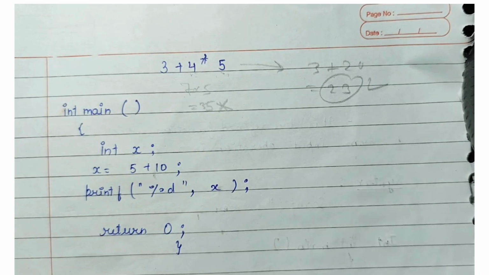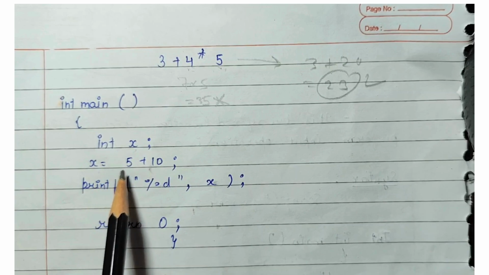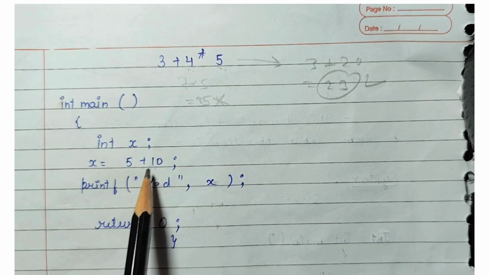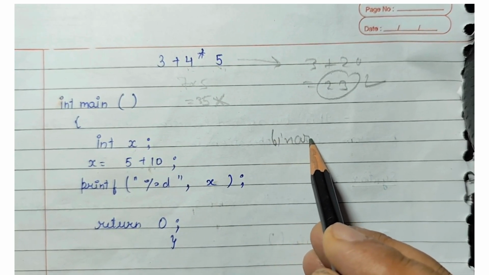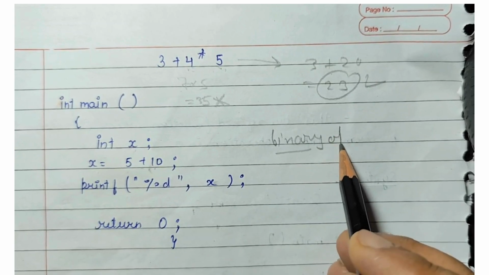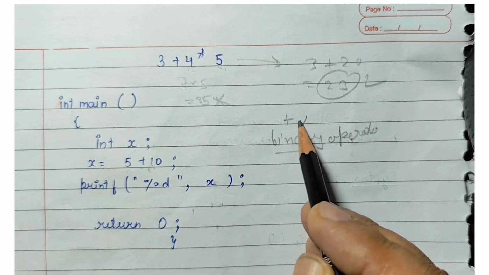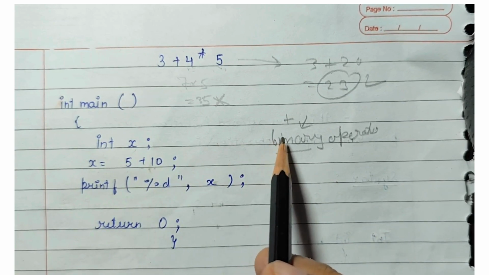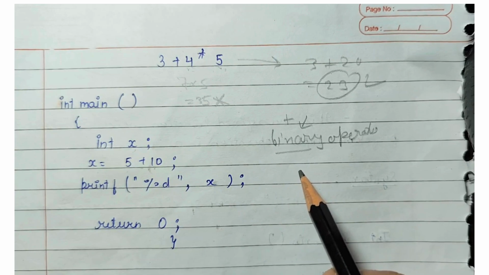Here first I declare a variable x. I am writing x is equal to 5 plus 10. Here plus is used to add two values. Plus is a binary operator. Binary means 2. Plus is a binary operator because it requires two operands, because it is not possible to perform addition using a single value.